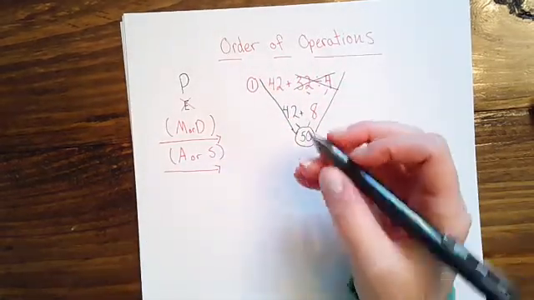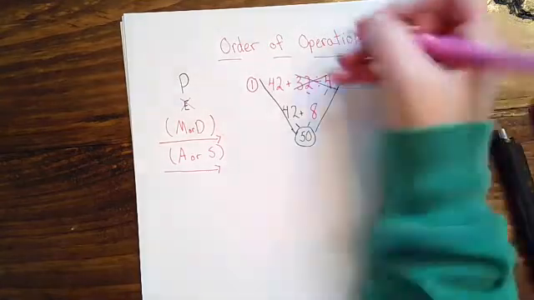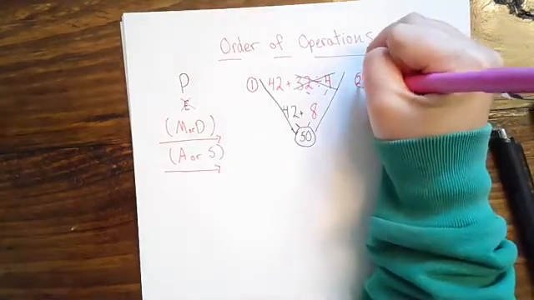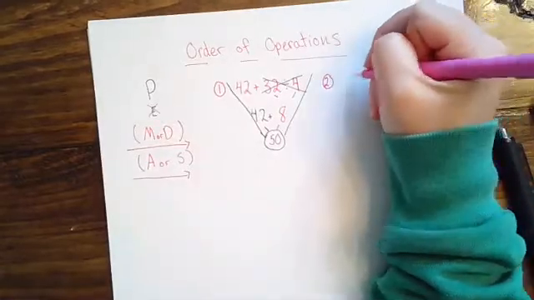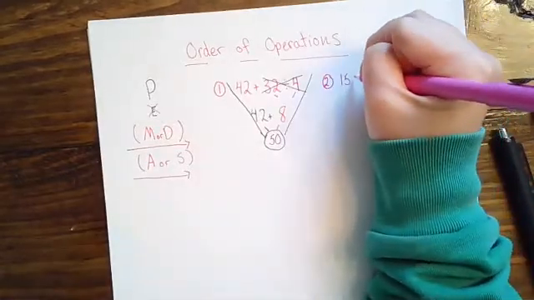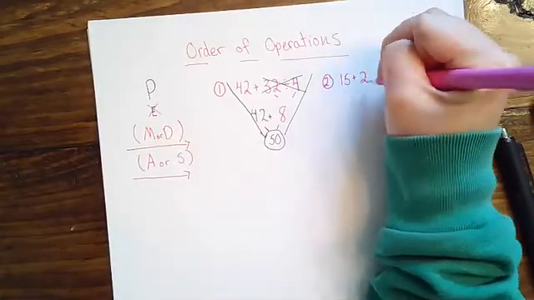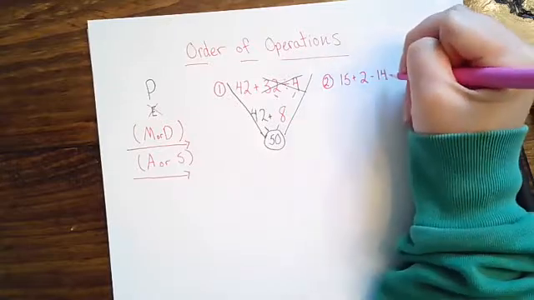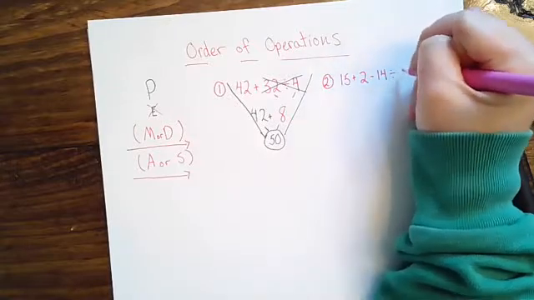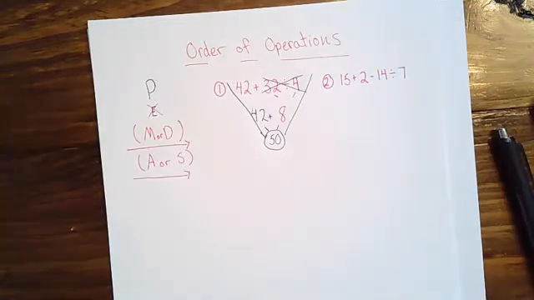Okay, let's do one that's a little bit more complicated. All right, so this is going to be number 2. I'm going to put a circle around it. You write this down as well. All right, so I've got 15 plus 2 minus 14 divided by 7. All right, so we're going to take it one step at a time.